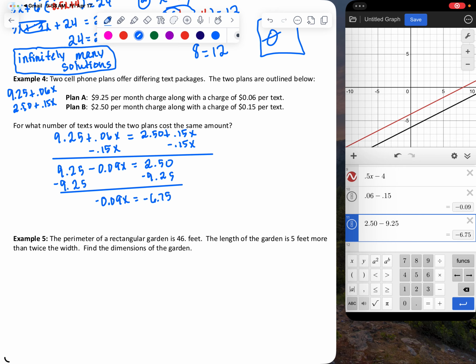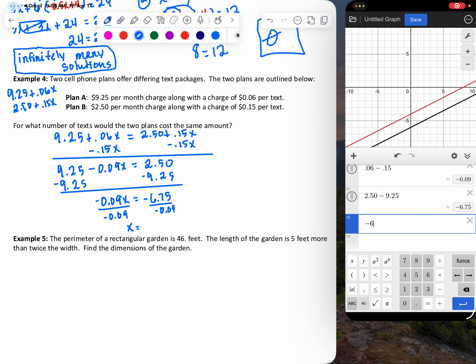Now divide both sides by negative 0.09. So negative 6.75 divided by negative 0.09, and that gives me 75 texts.